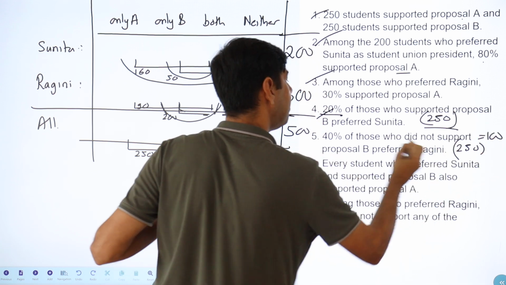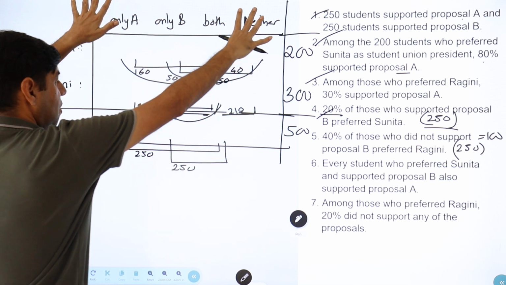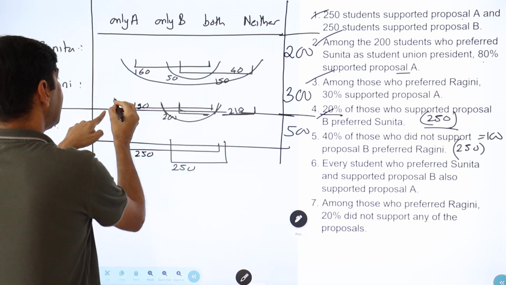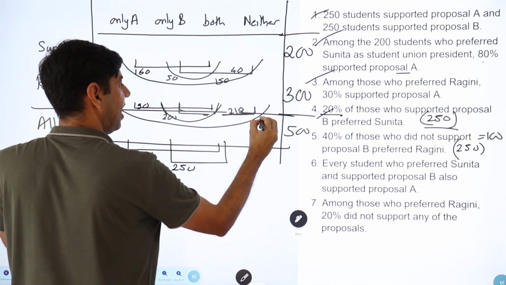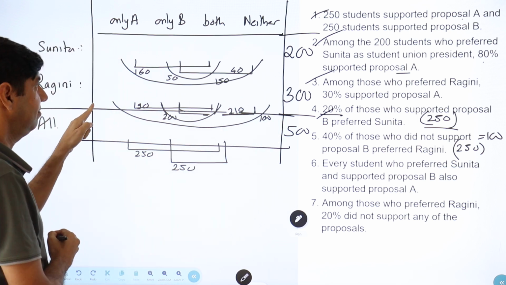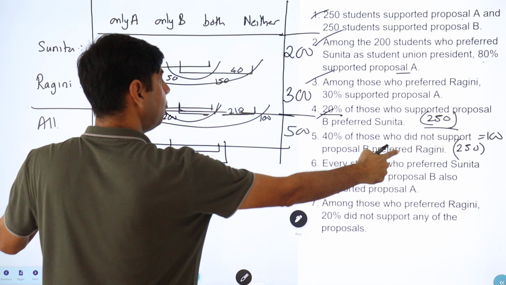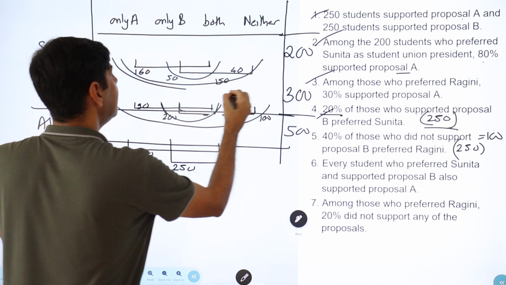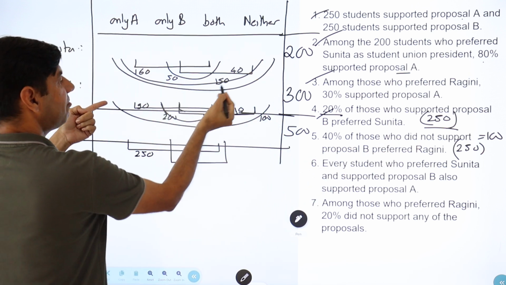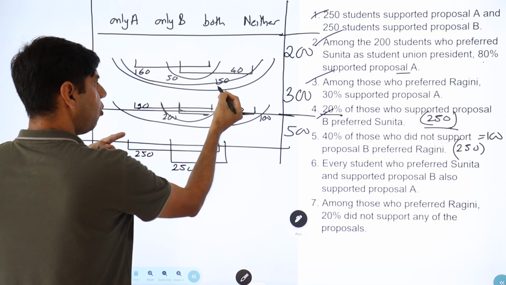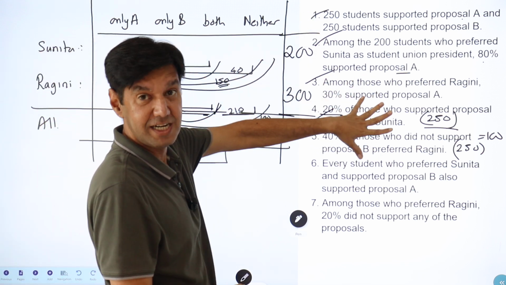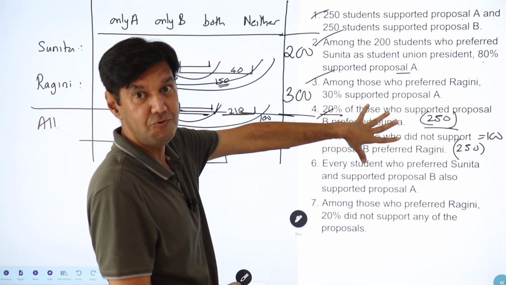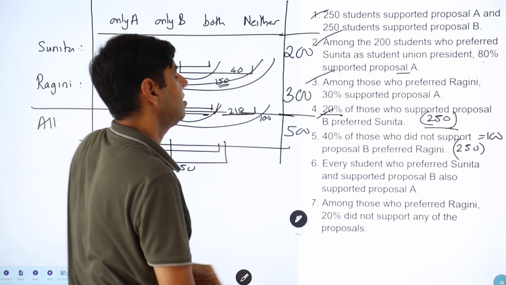These 100 preferred Ragini, so these two together should be 100. And out of 250, if 100 is here, then this and this have to be 150, the balance, which I have already found out. So there's redundancy over here. In fact, if you can identify the redundancy in your own way, you have understood this thoroughly.